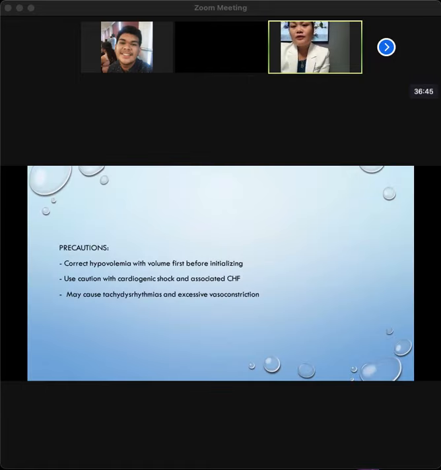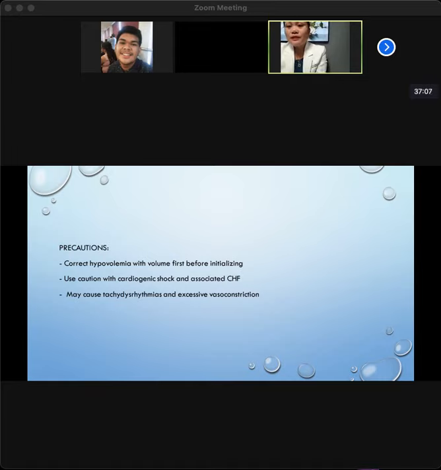Okay, precautions. You have to correct first your hypovolemia or the underlying cause of your hypotension before initiating your first dose of dopamine. Okay? Kung hypovolemic yung pasyente, you have to give hydration.